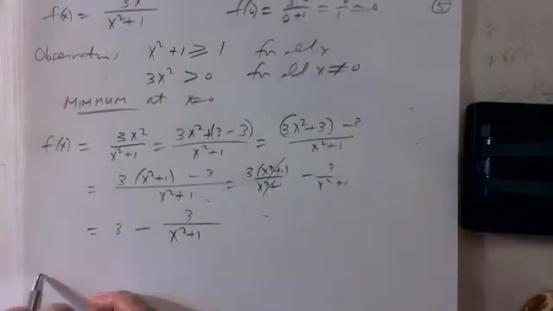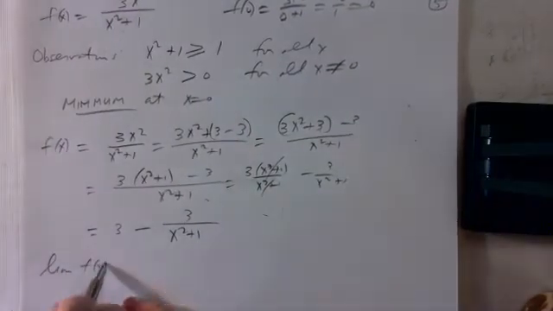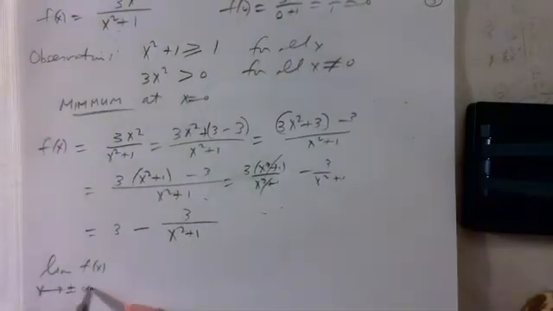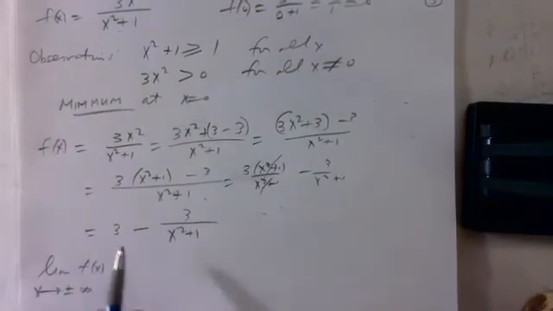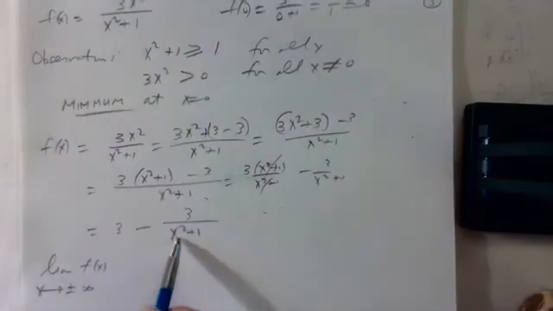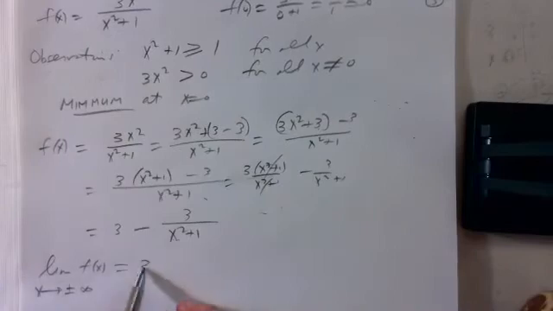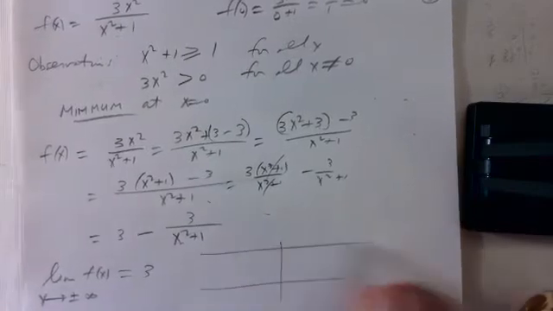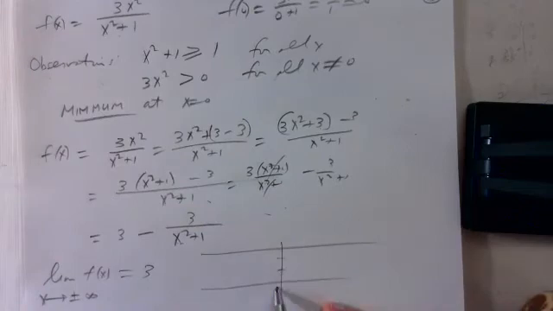And now it's clear what happens. The limit of f of x as x goes to either plus infinity or minus infinity, I'll just write plus or minus infinity, is 3 minus this. The denominator is getting bigger and bigger. So this is going to 0. So this limit is equal to 3. And if we were to graph this function, it's 0 at 0.